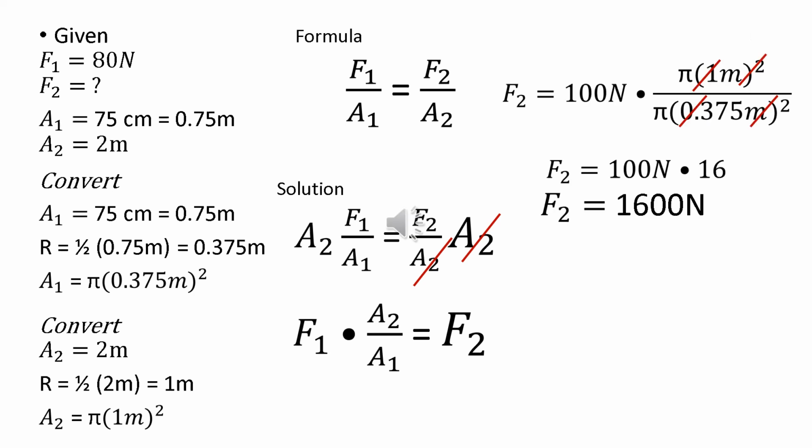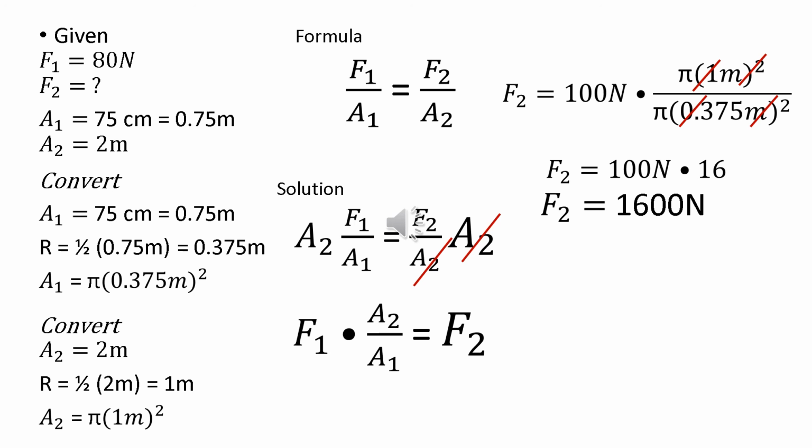So, let's try to compute. Force 2 is equal to 100 Newton multiplied by area 2, which is pi multiplied by 1 meter squared, divided by area 1, pi multiplied by 0.375 meters squared.